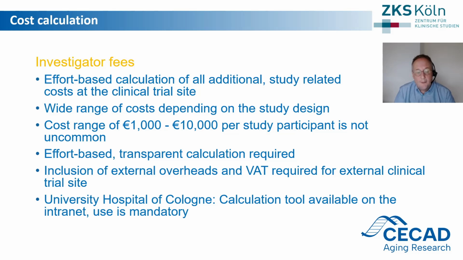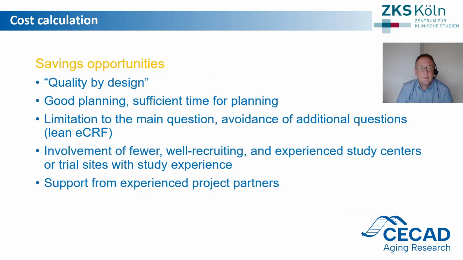And important, at the University Hospital of Cologne, you're going to need a calculation tool. It is mandatory to use and it's available on the intranet, and you will receive it from the third-party funding department.